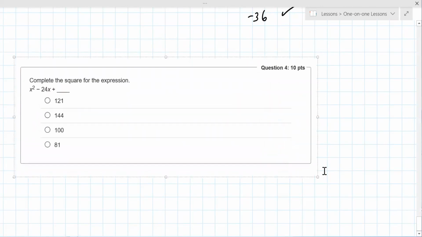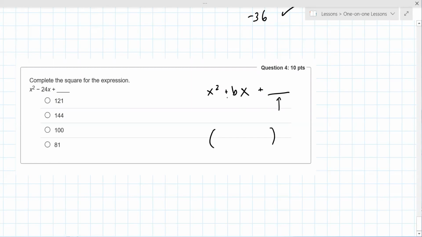So the completing the square, which we didn't really talk about, you have x squared plus bx plus an empty space here. Oops, that's supposed to be an x. Okay. So the thing that goes here is related to what this factors into. If this is a plus, this is plus or minus. It becomes plus or minus x plus or minus b over 2. So you take half of this, and then what goes here is half of that squared.